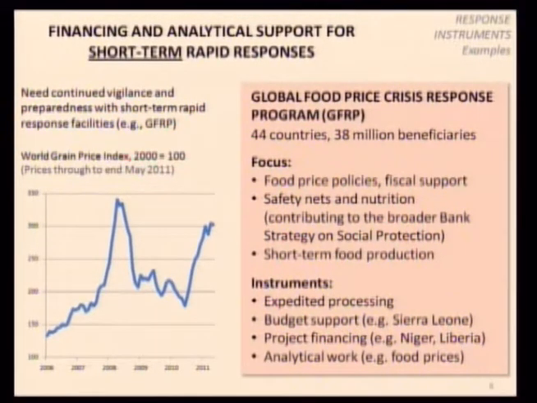Typically, the development agencies have responded with expedited processing of financing to countries for activities focusing on mitigating the impacts of price spikes, such as compensating for revenue losses from reduced taxes and tariffs, scaling up safety nets, and then short-term production for next season supply responses.